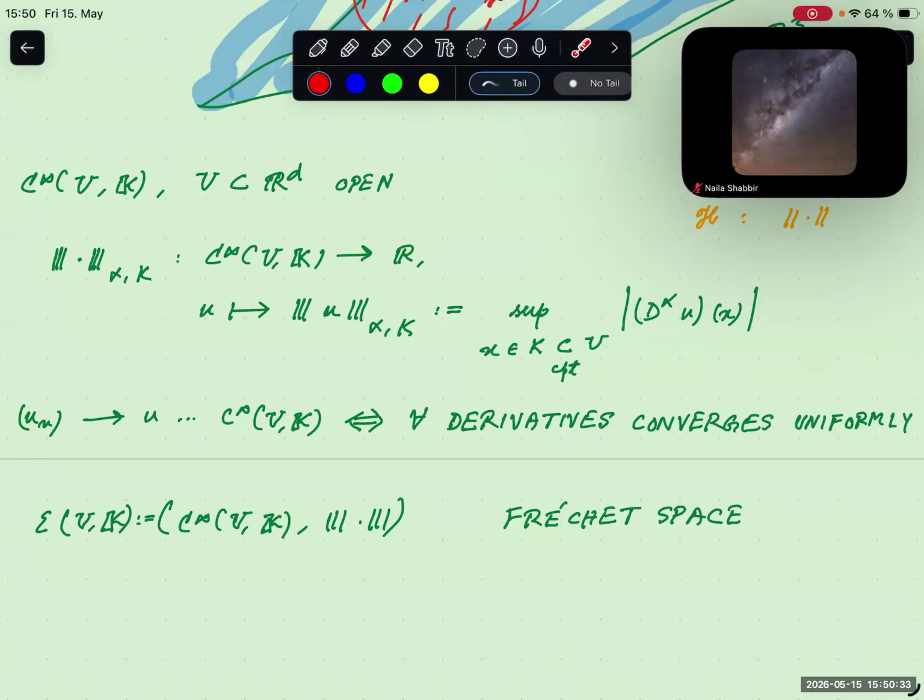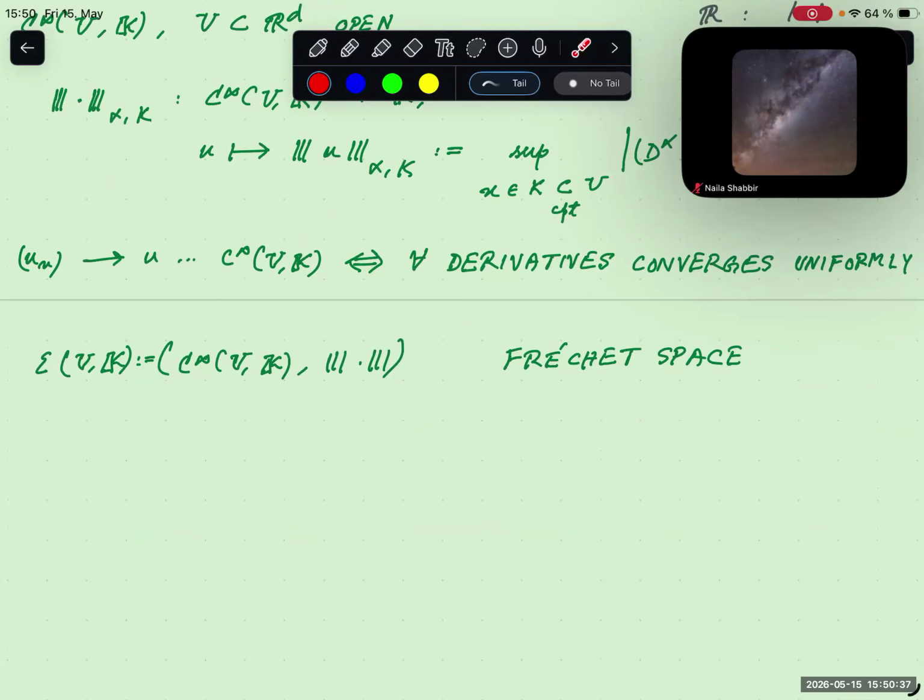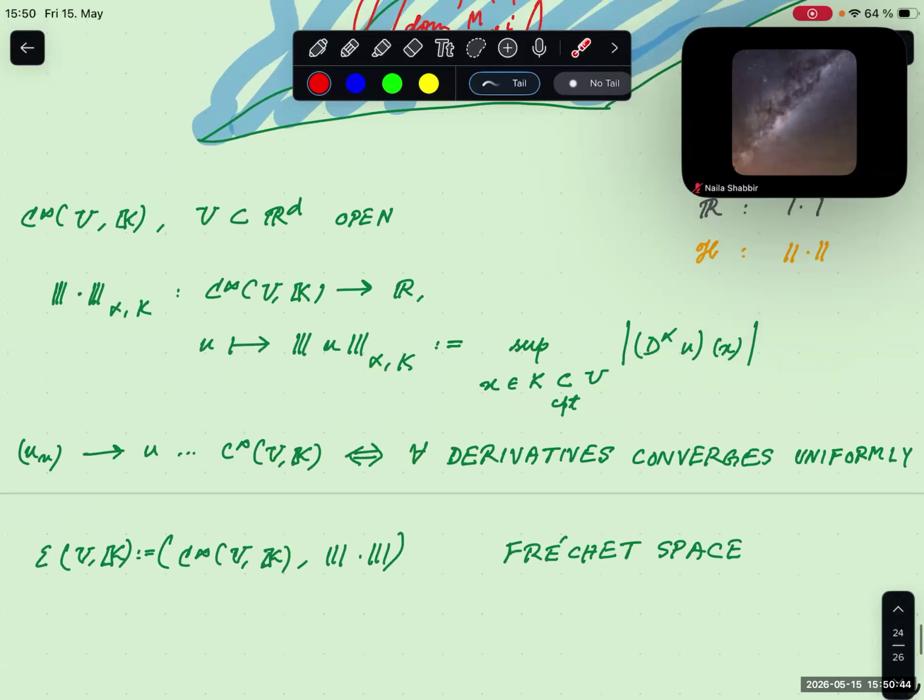Thanks. So you take supremum over all compact sets, or in other words, any compact set. Okay, so that's the thing.